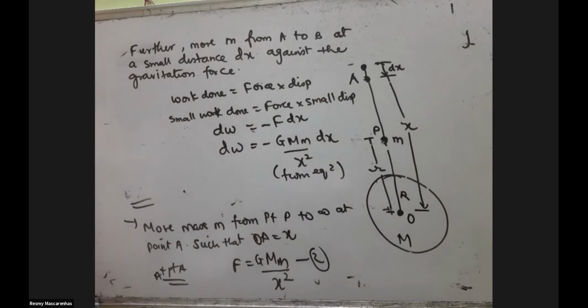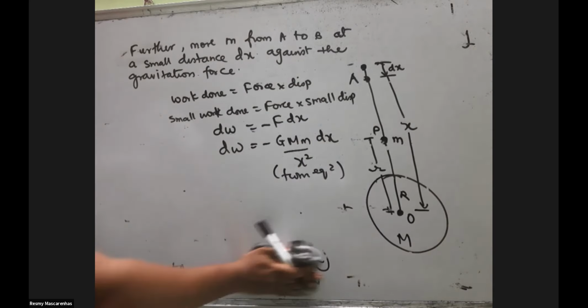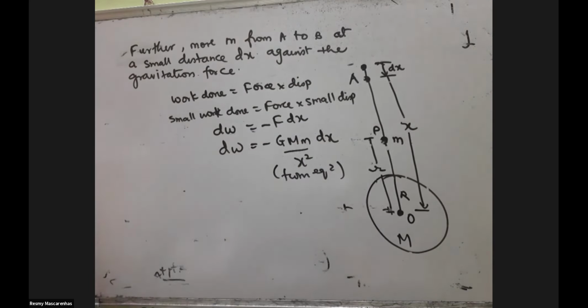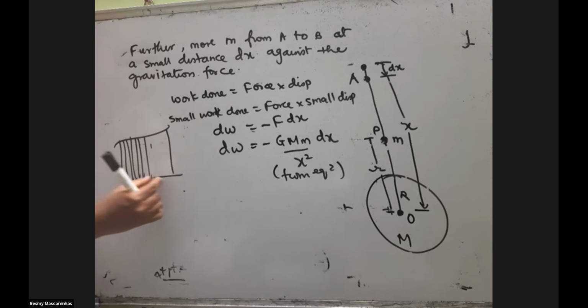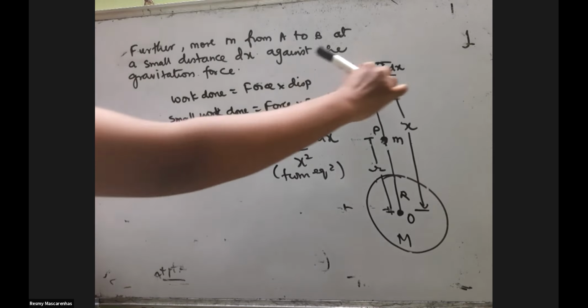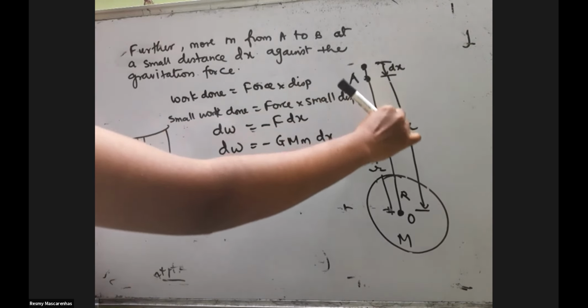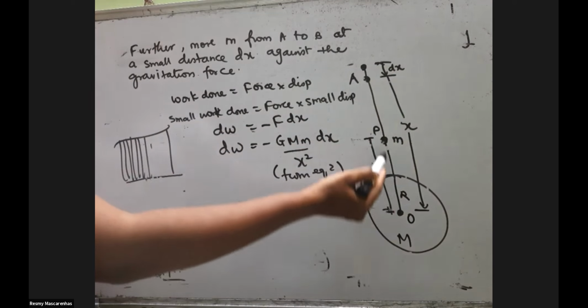Value of F. Now whenever you know the small work done, if you want to find the total work done, you always integrate it. I told you, anytime you want to know the entire work done, you always make it small pieces. Everything gets divided into small pieces, because this is not necessarily going in a straight line.